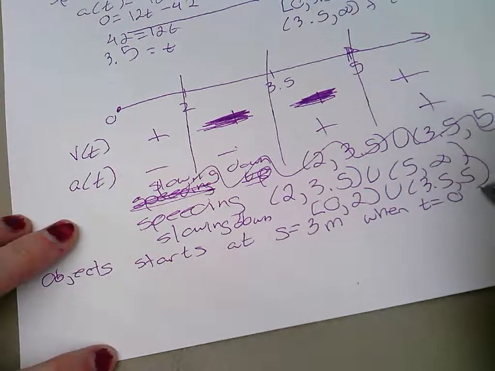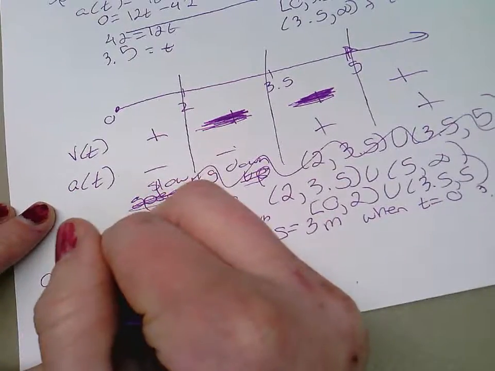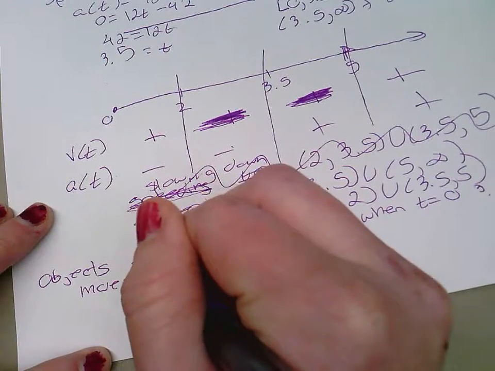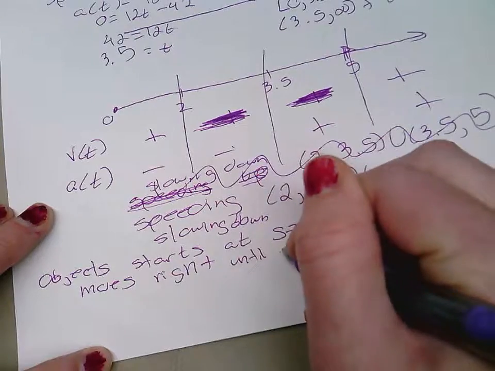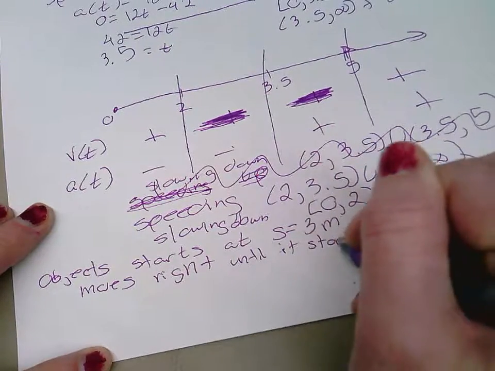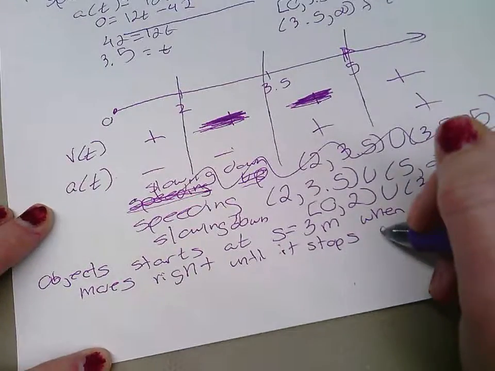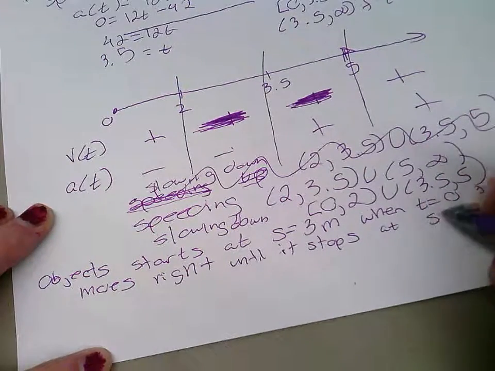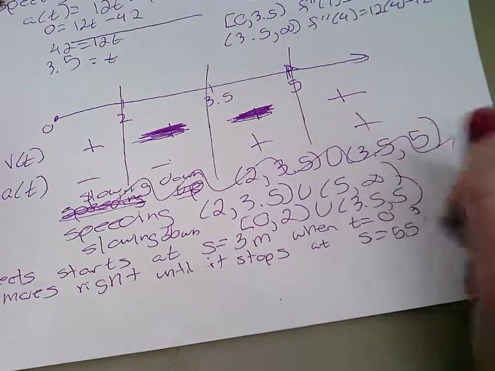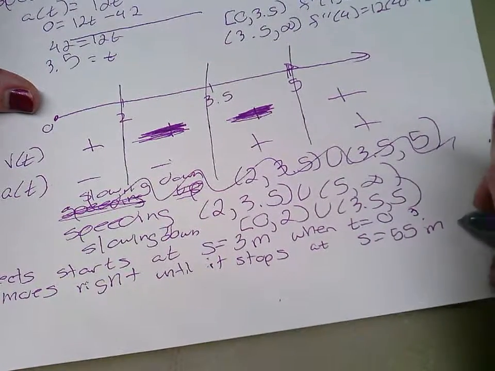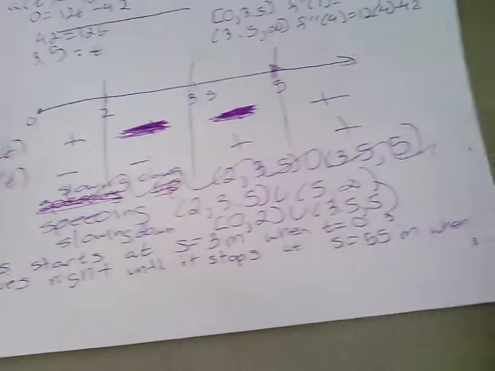It moves right until it stops at s equals 55 meters when t equals 2.